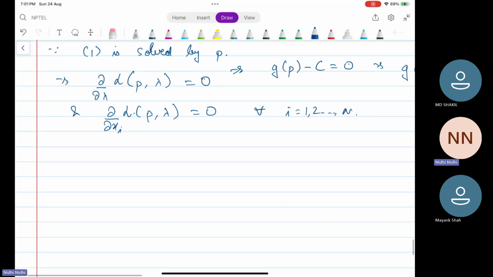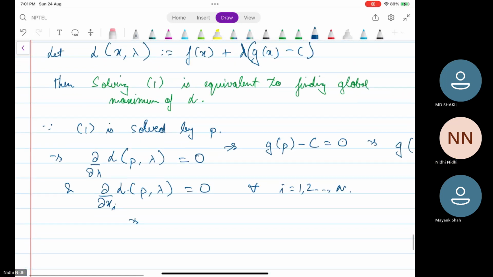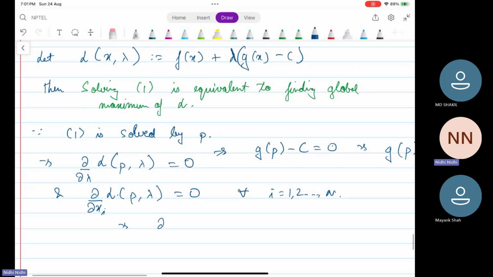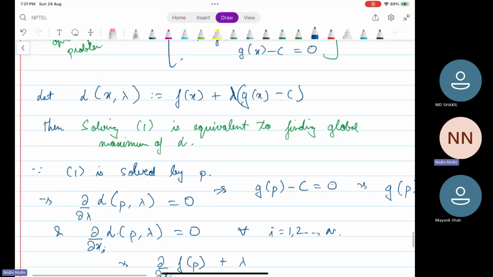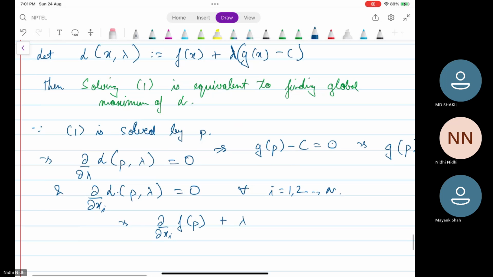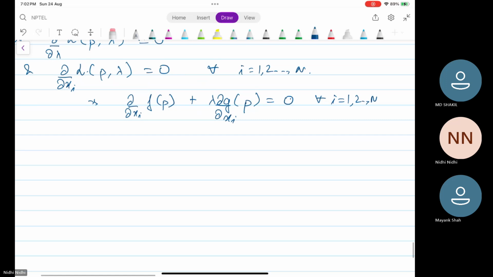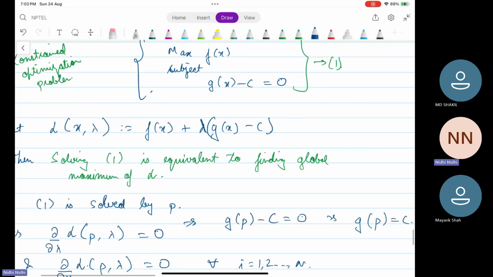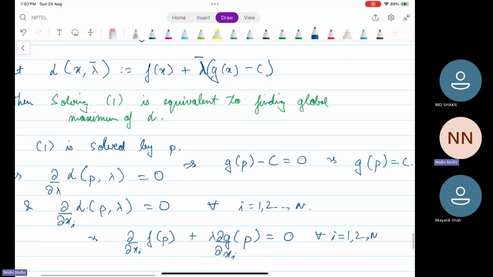And from here, we get del by del xi of f at P plus lambda times del by del xi of g at P equal to 0 for every i from 1 to n. So I can replace this by lambda bar.